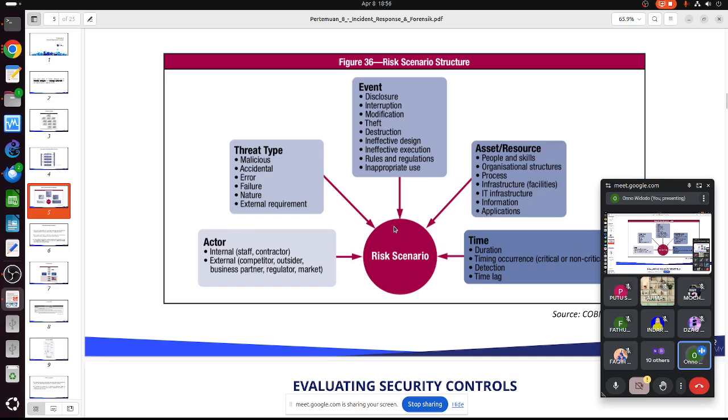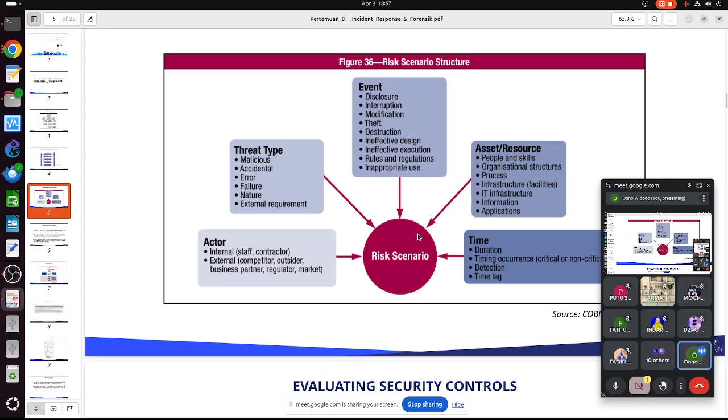So that's the risk scenario. And then from the event point of view, it can be because of many things, for example ineffective design, ineffective execution, rules and regulations, inappropriate use, and so on. So this is also part of the scenario.